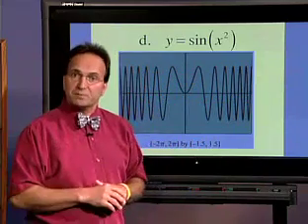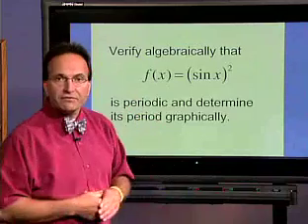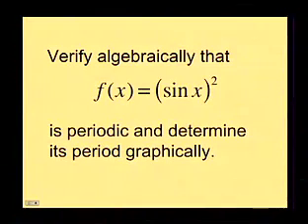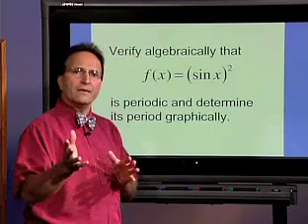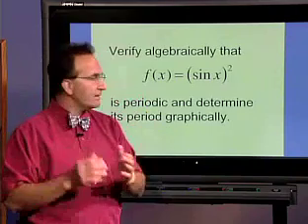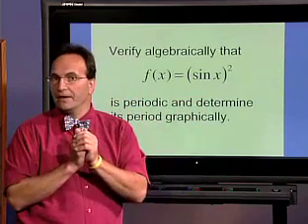Let's take a specific example: verify algebraically that f(x) = (sin x)² is periodic, and determine its period graphically. We have the original sin x, and we're going to take that and square it.